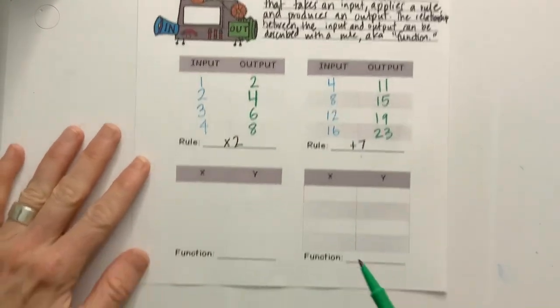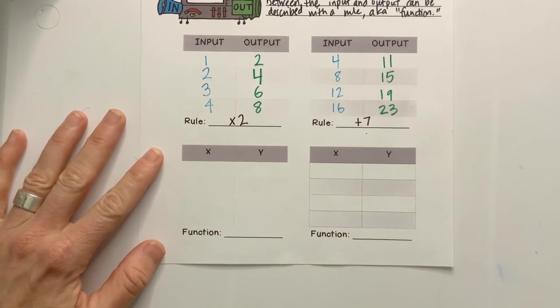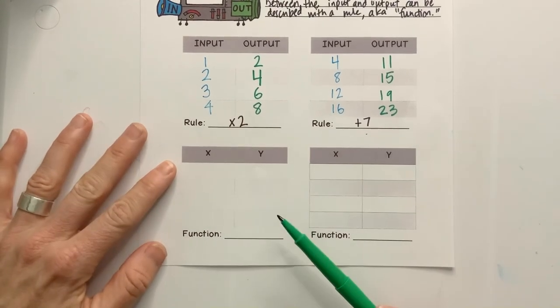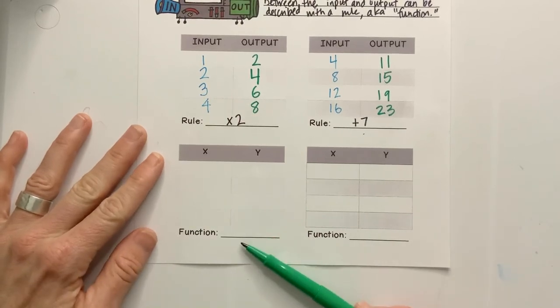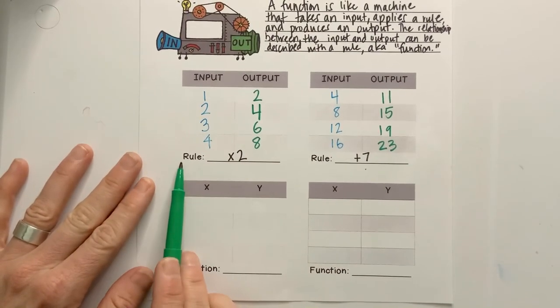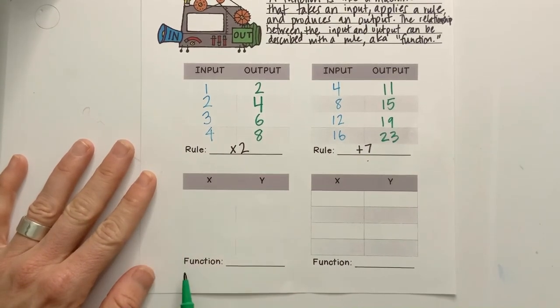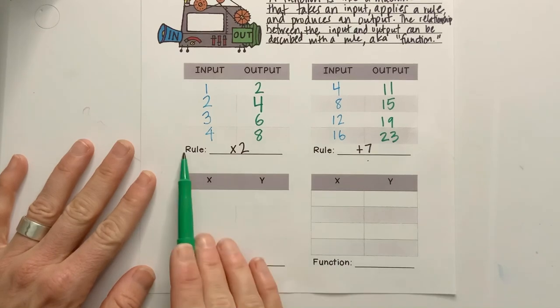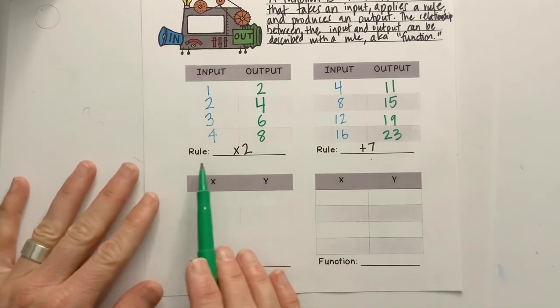All right, now sometimes function machines or in-out tables give you the input and the output, and you have to determine what is the rule or what is the function. So you'll see now how the label, instead of rule, we've used the vocabulary term function. But these can be used interchangeably. This is just more the real mathematical term, and the other is what you've probably casually had it referred to previously.